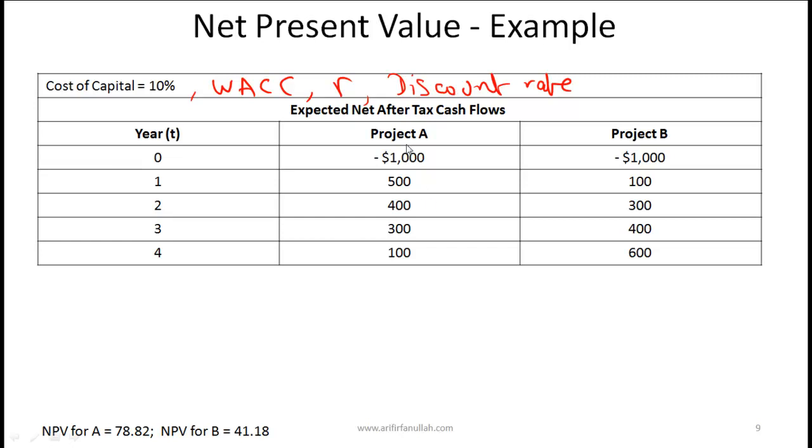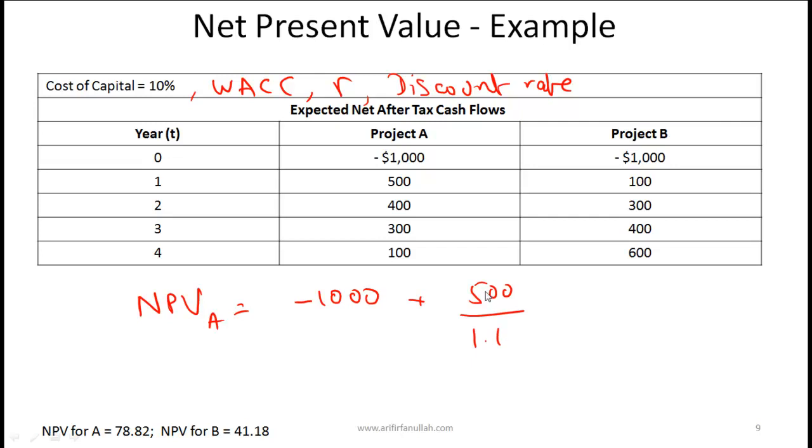Now, how do we calculate the NPV? There are two ways. One is the long-winded way, which you should understand so that you grasp the concept, and then what you need to do on the exam is use the calculator, and you will see how to do that on the next slide. But NPV for project A is simply going to be minus 1000 plus 500 over 1.1.